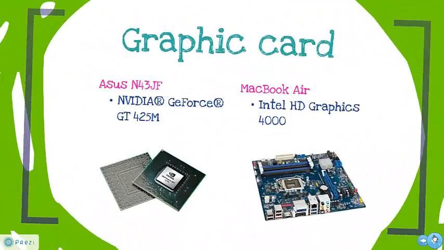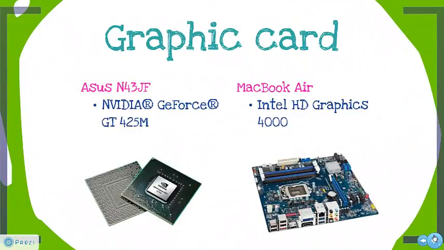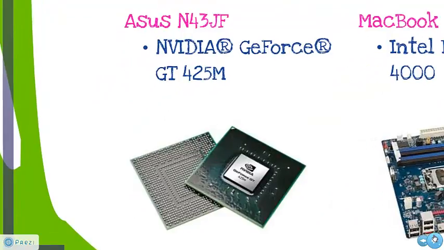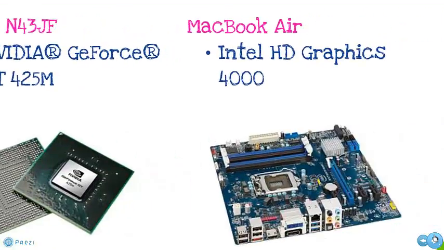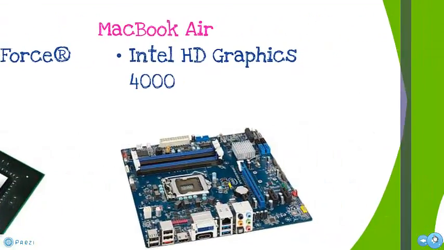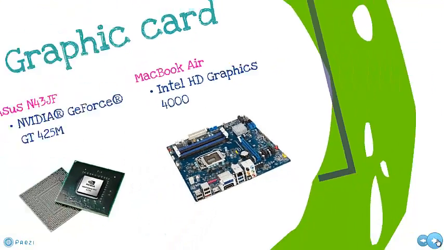Next, I will compare the graphic card of Asus N43JF and MacBook Air. Asus N43JF contains NVIDIA GeForce GT 425M graphic card, whereas MacBook Air contains Intel HD Graphics 4000.